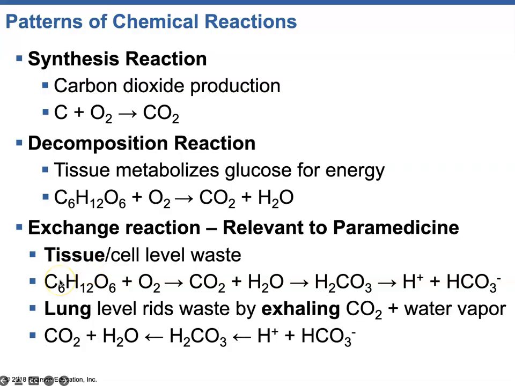At the tissue level, think of it as your skeletal muscle, we use glucose for energy, brought oxygen into the mix because we needed to make a lot of ATP. In that process, we made these byproducts, carbon dioxide and water. And then these two, when they combine, they actually make an acid. This right here is called carbonic acid, H2CO3.